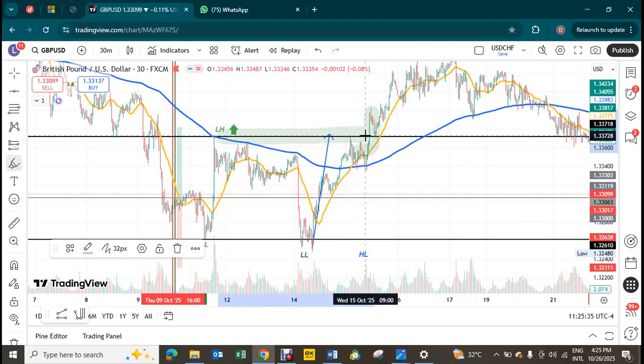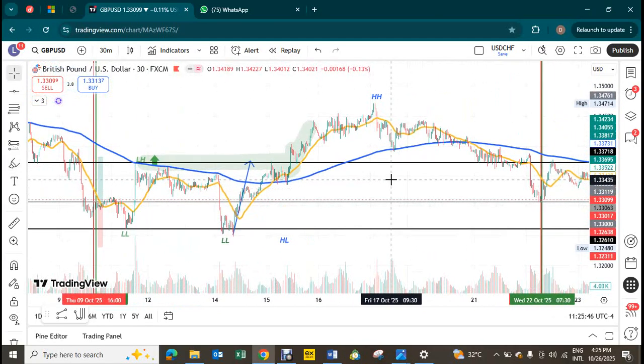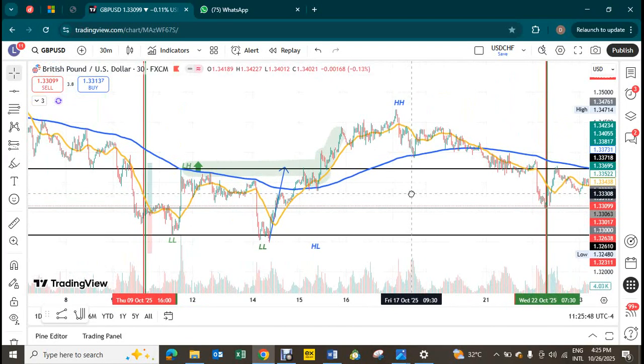And anytime price breaks a lower high, that is a shift from going downwards to start going to the upside. So in general, what we are seeing here is a shift in the market from downward trend or downward momentum to building a new bullish momentum. An uptrend market has started.